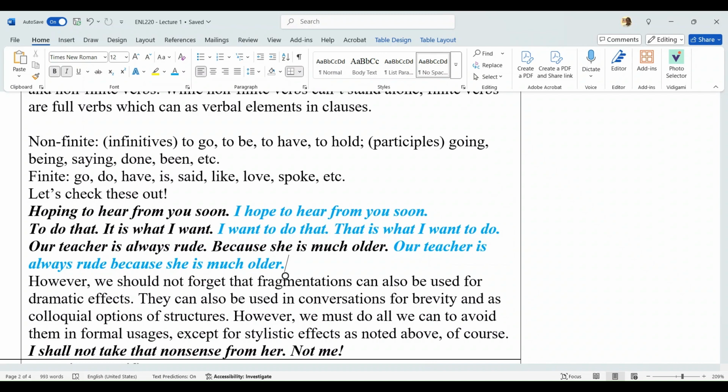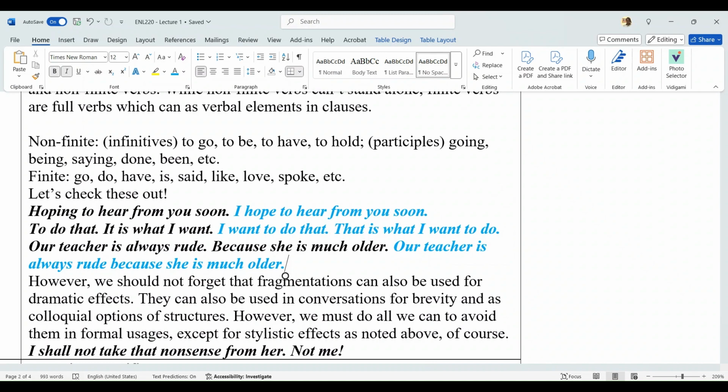But if you are having a formal structure or a formal presentation, it is better you use the formal ones. If you are having a colloquial speech event, then it is allowed.